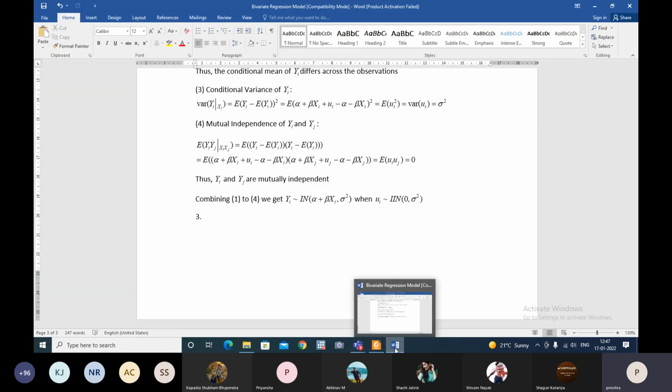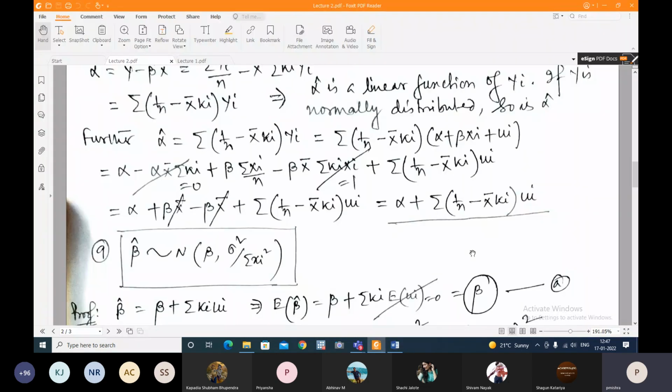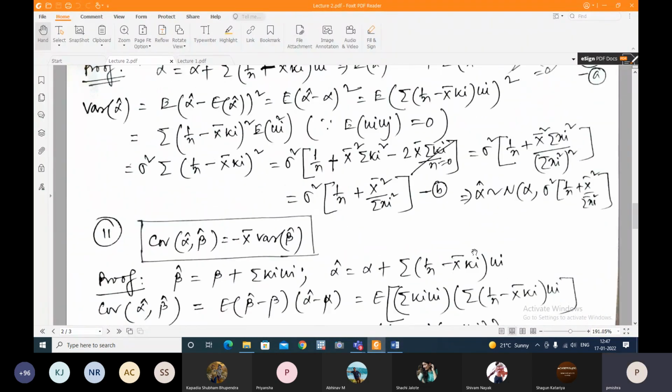Anyway, what I am basically saying here is that yes, we don't know alpha, we are getting an estimate, and that estimate we are getting from the sample.